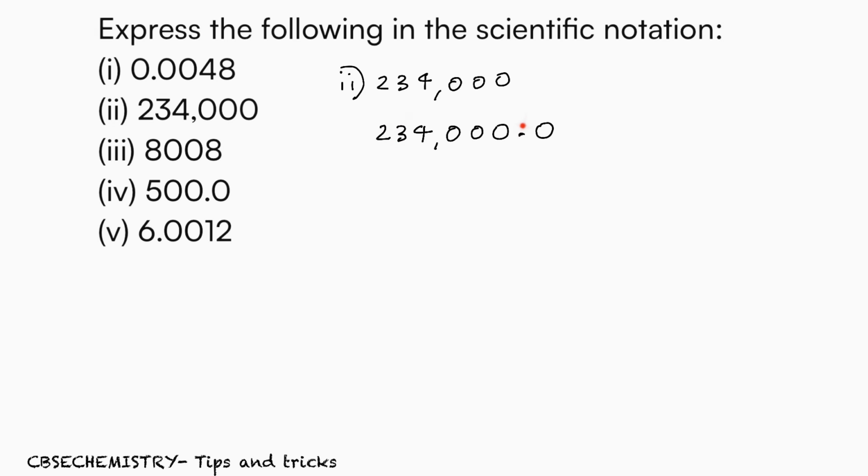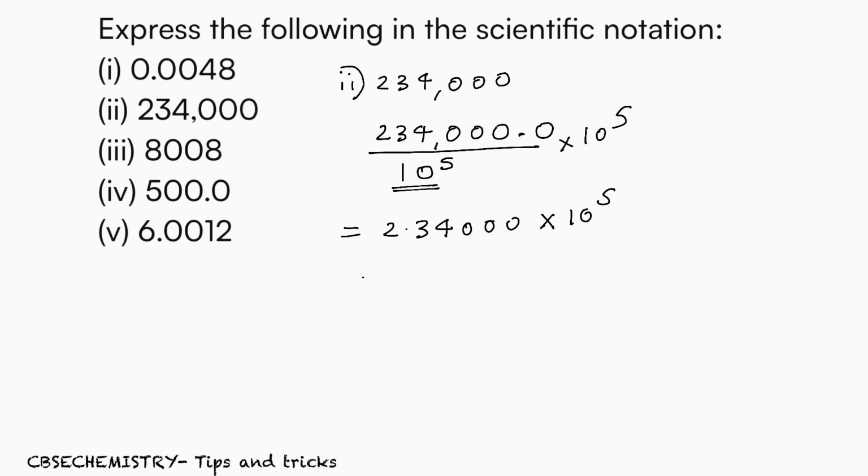We have to shift this decimal point 5 positions left. For that purpose, divide the number by 10 raised to 5. When you are dividing a number by 10 raised to 5, you have to multiply also, right? So by using this 10 raised to 5, we shift the position: 2.34000 into 10 raised to 5. So we can write 2.34 into 10 raised to 5.